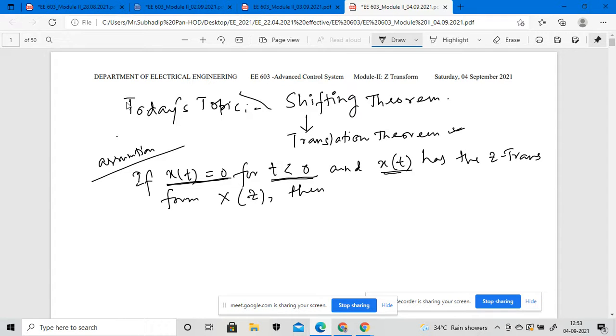We are considering the time function x of t equal to 0 for t less than 0, and if I apply the Z transformation, it becomes X of z. Then the shifting theorem says that the Z transformation of x of t minus nT is equal to z to the power minus n times X of z.